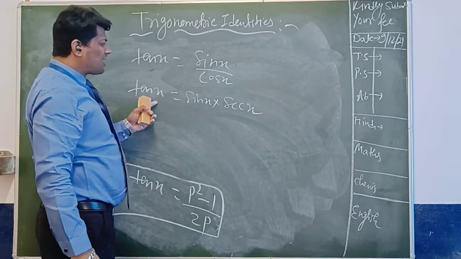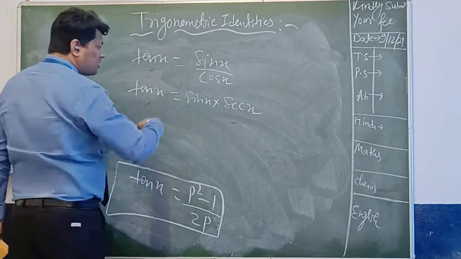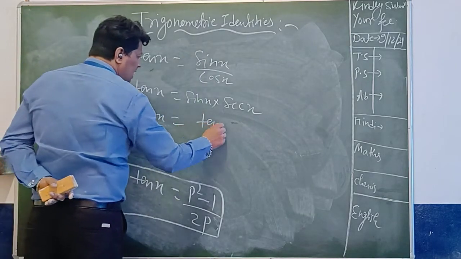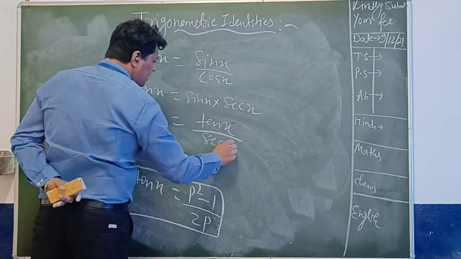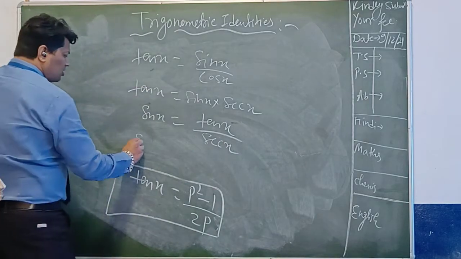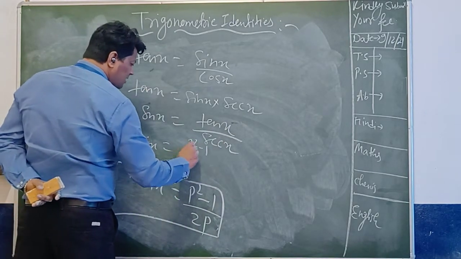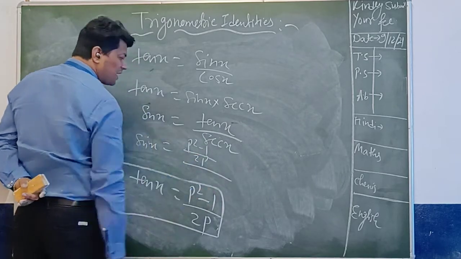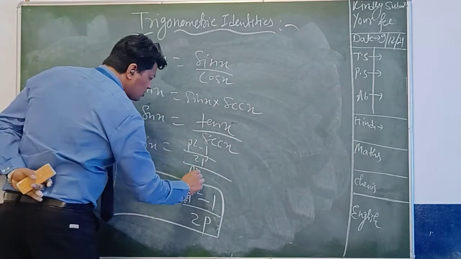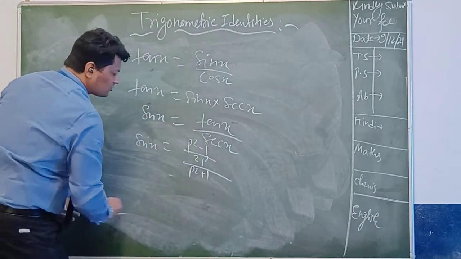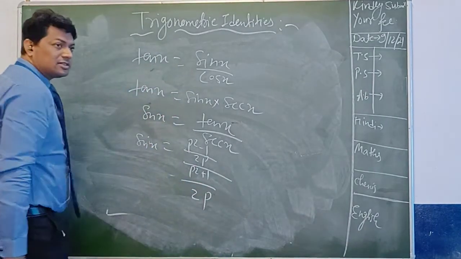We have a value of tan x, and we have a value of sec x. Putting all the values, we get sin x equal to tan x upon sec x. So sin x equal to p square minus 1 upon 2p divided by p square plus 1 upon 2p.